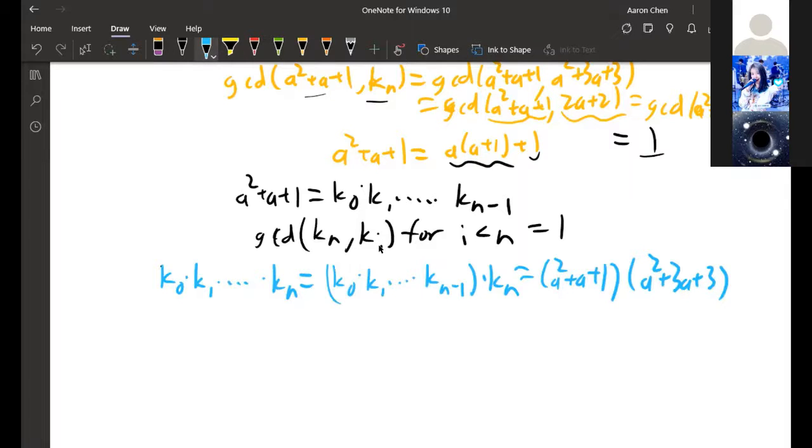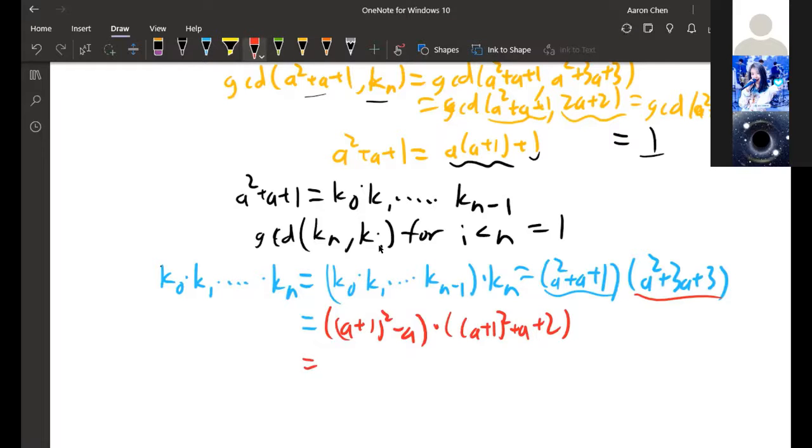And so now this term is obviously equal to a plus 1 squared minus a, and this term is equal to a plus 1 squared plus a plus 2. And so if we expand this out some more, we have that this is equal to a plus 1 to the 4th plus 2 times a plus 1 squared minus a squared minus 2a.